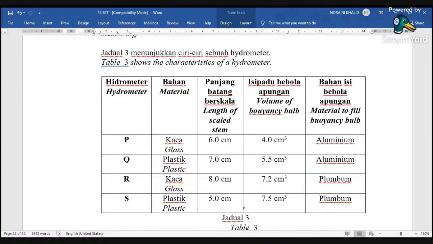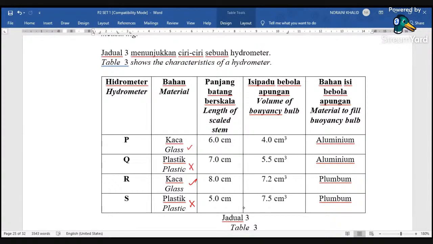Okay, glass and plastic. So I will choose glass instead of plastic. So in terms of it, if we use plastic, it does not last longer. It can react with the liquid used. So I will choose glass instead of plastic.